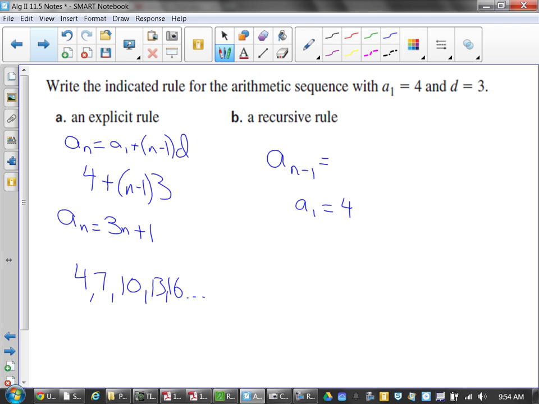So the recursive part, to the term before that, when you relate to the next term, what did you add to each one of them? 3. I put the equals in the wrong spot.